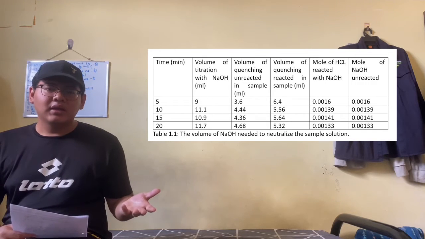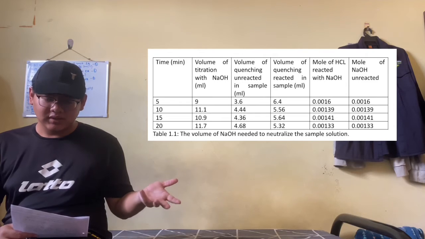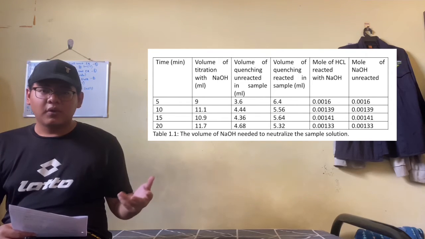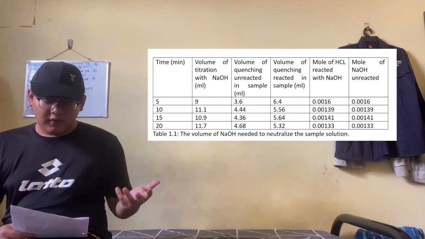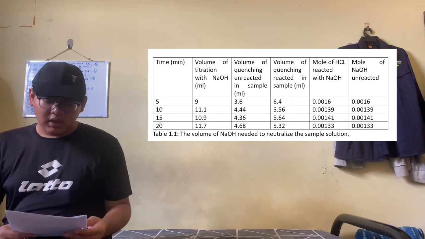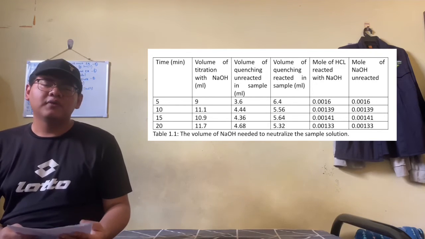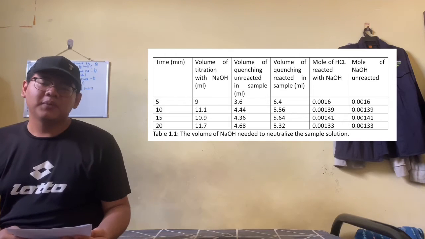And we can also see that the volume of quenching reacted in the sample is 6.4 ml for 5 minutes, 5.56 ml for 10 minutes, 5.64 ml for 15 minutes and 5.32 ml for 20 minutes.